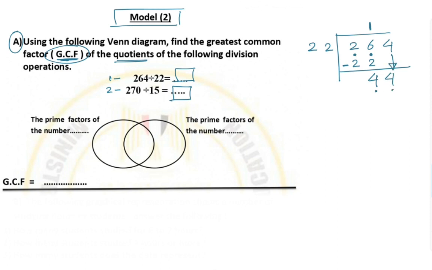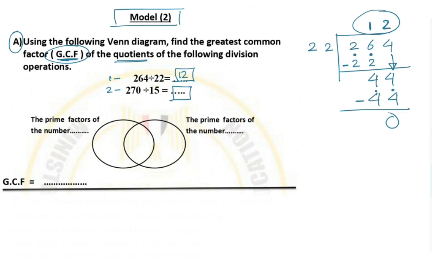Now I have 44 divided by 22. That's easy. It's equal to 2, since 2 multiplied by 22 equals 44. Now turn to subtract. We have 0 remainder. Now our first quotient equals 12.